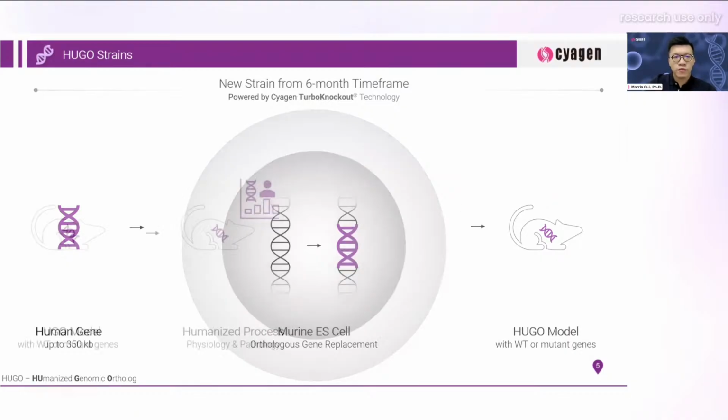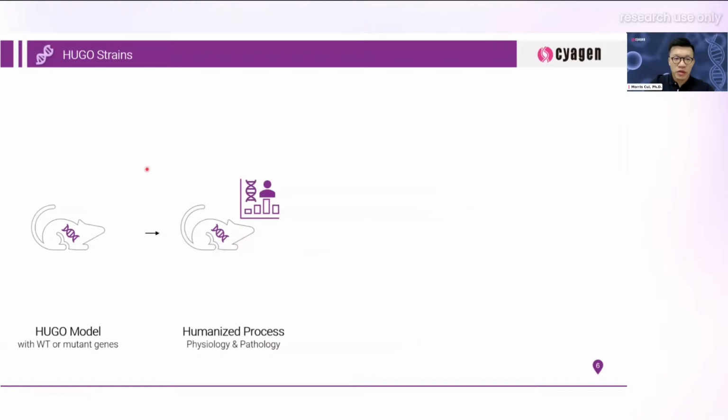This kind of model is valuable because we think with a human gene inserted in a mouse, we could get a humanized process. That means humanized physiology and sometimes humanized pathology in the mouse model.